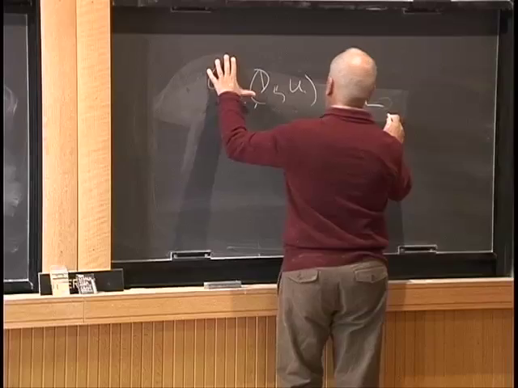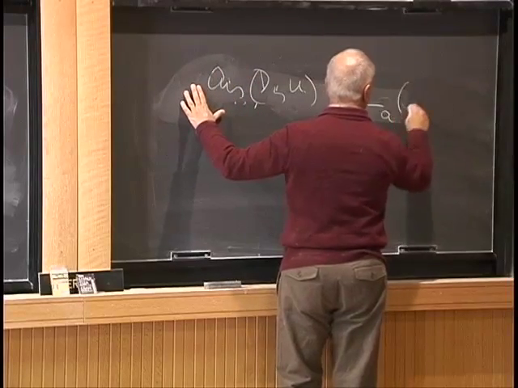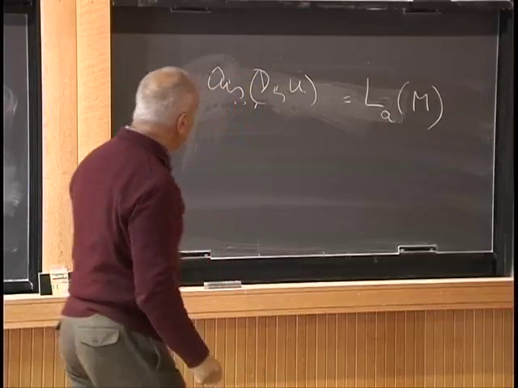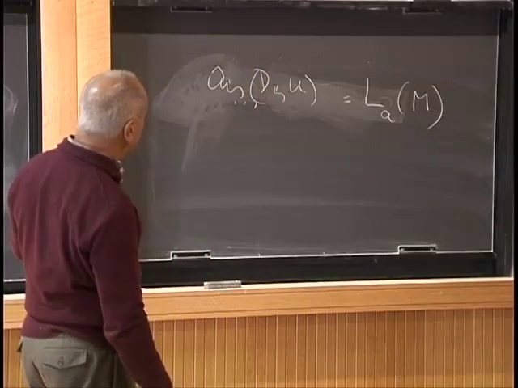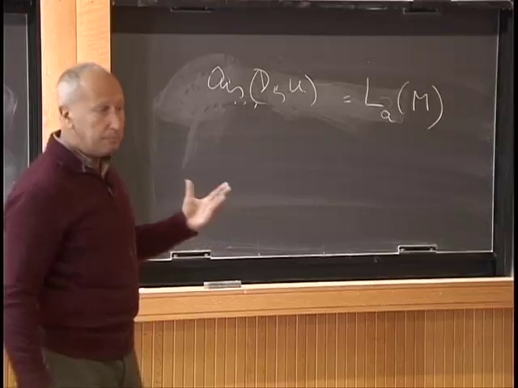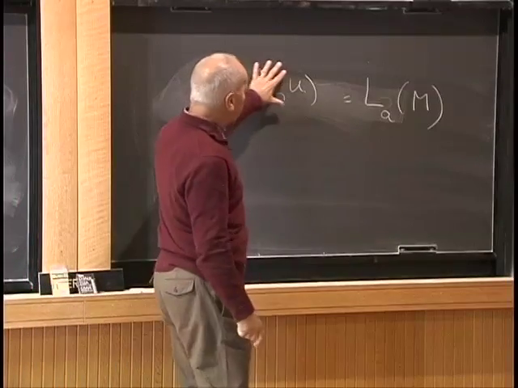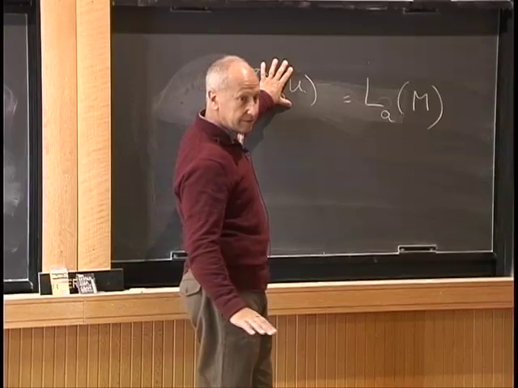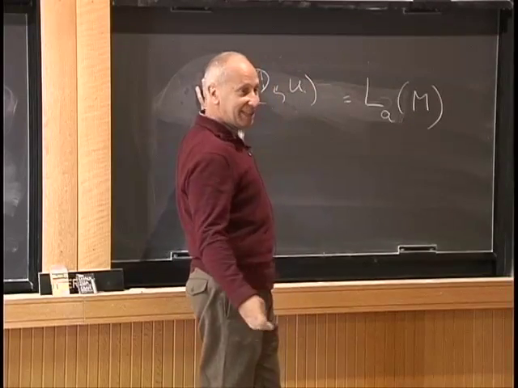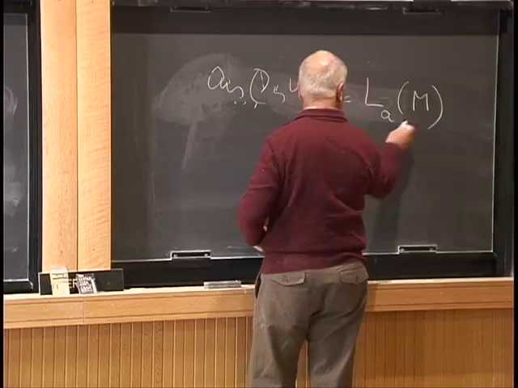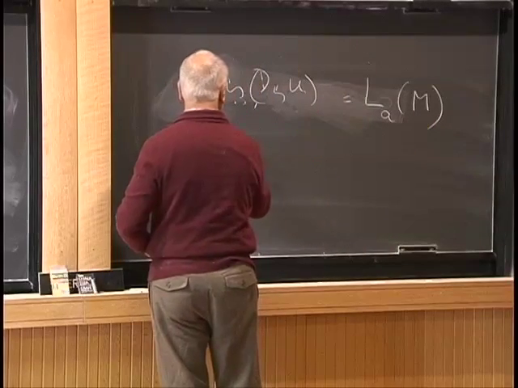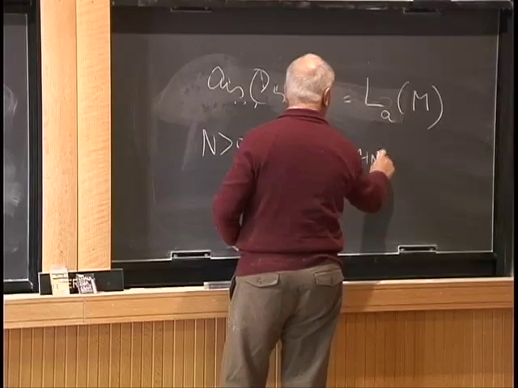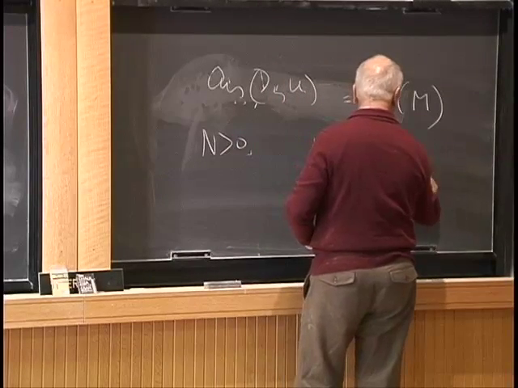So let me call it L_A of M. So I say that A is elliptic, that is, that a_ij is positive, simply means that this is monotone as a function of a matrix. In other words, I'm just saying L_A satisfies that if N is a positive matrix, then L_A of M plus N has to be bigger or equal than L_A of M.